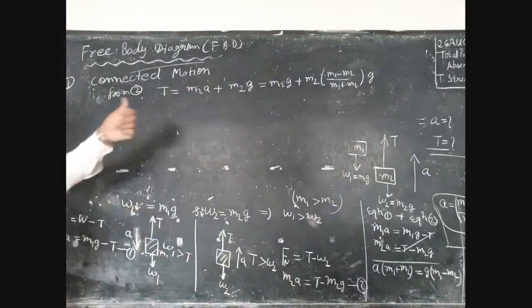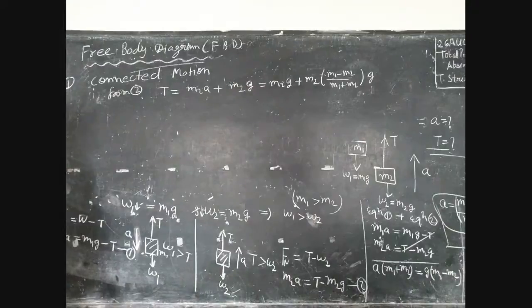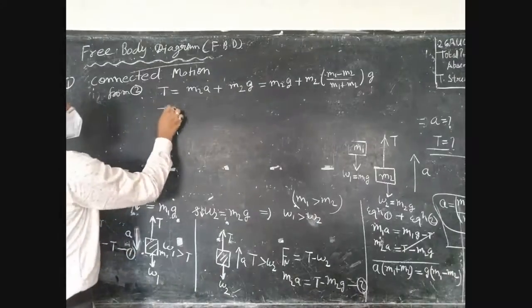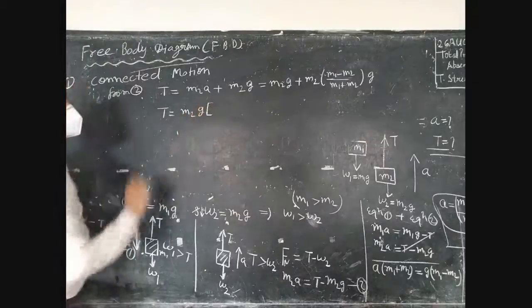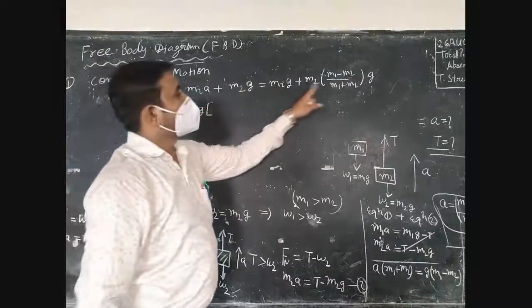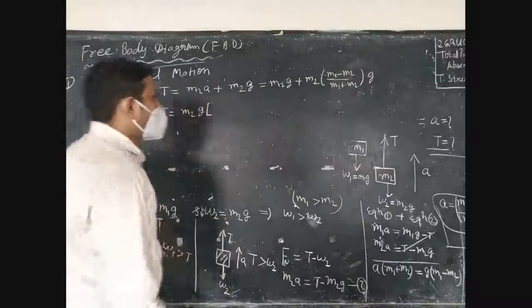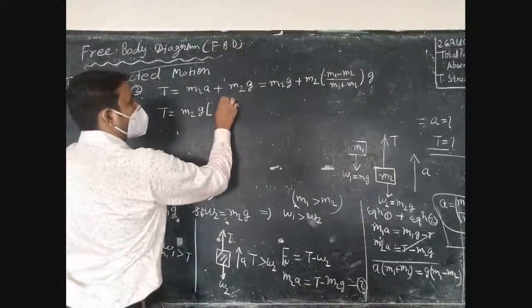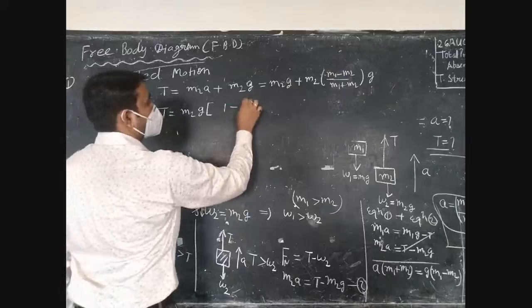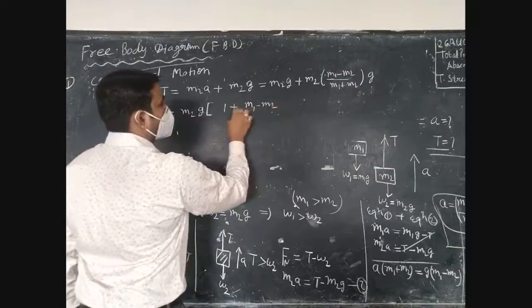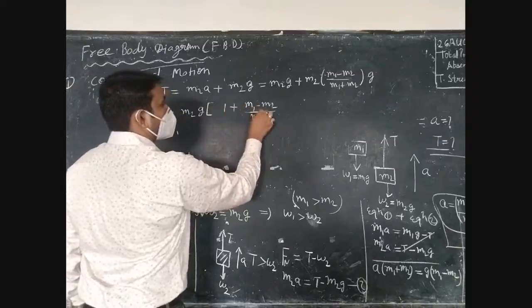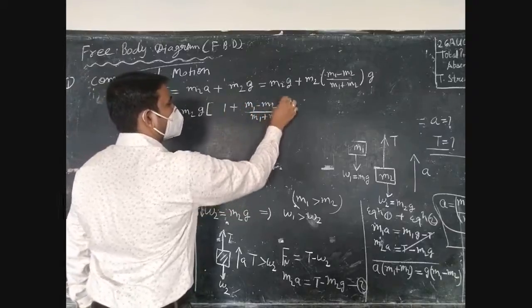Now take m2g as common. You will get m2g times 1 plus (m1 minus m2) upon (m1 plus m2). Clear?